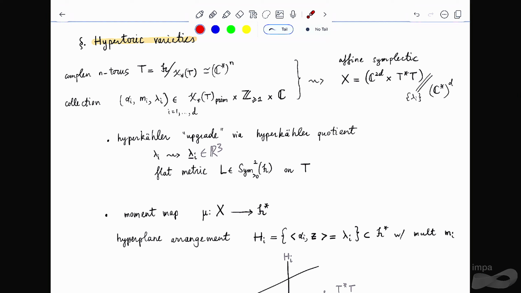This produces real 4n-dimensional hyperkähler metrics with triholomorphic action, so an isometric action, of an n-dimensional real torus that also preserves the whole hyperkähler structure.